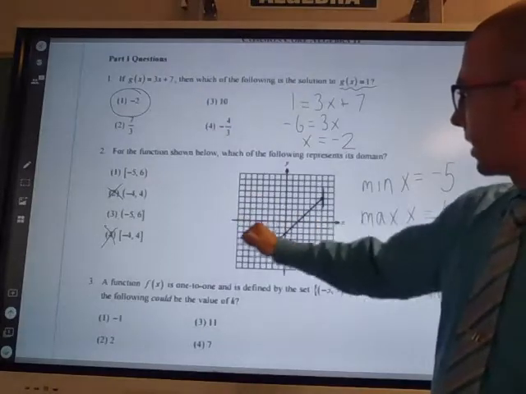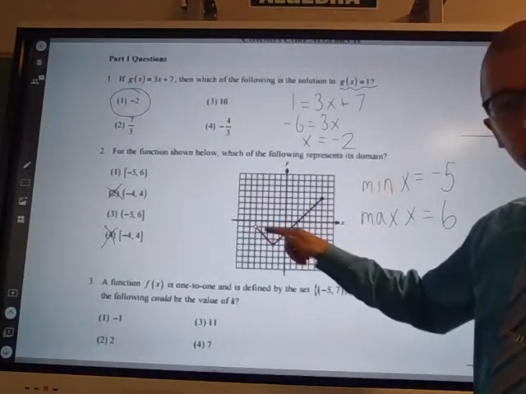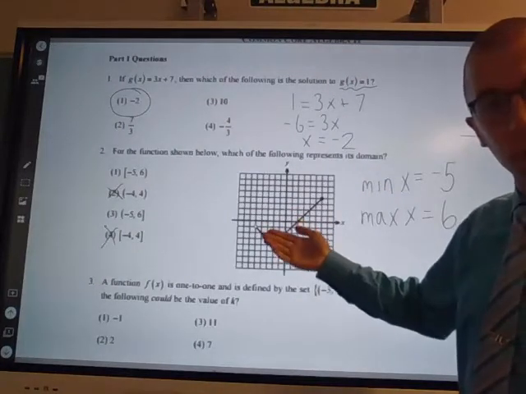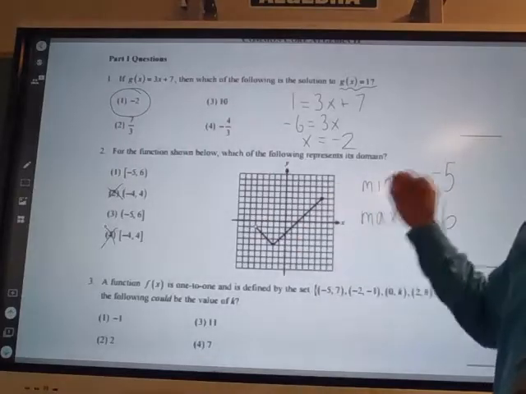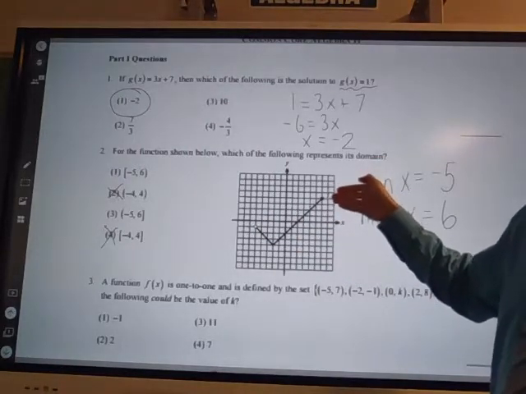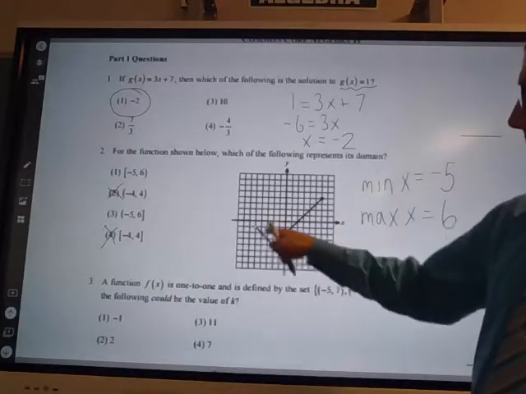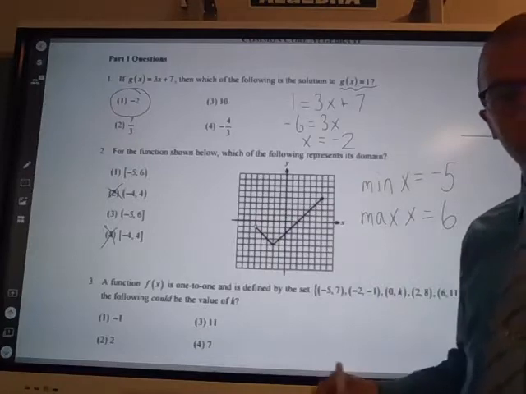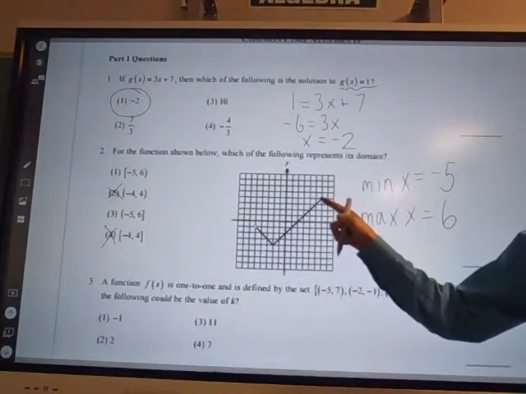If you'll notice, look at our graph here. One of the endpoints of our function is an open circle, this unfilled in circle, white dot, white point. And on the other end, we have a filled in circle, or a black point. This unfilled in circle means that point is not included, and the filled in one means that point is included.